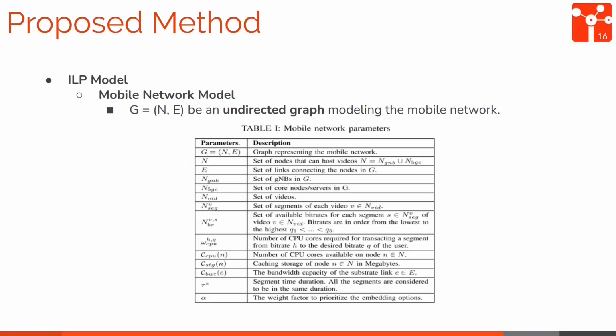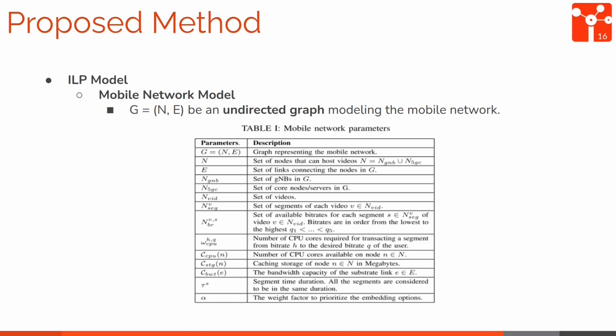After defining the problem statement, the author used an undirected graph to represent the mobile network model, where N represents the set of nodes that can host video, and E represents the set of links connecting the nodes in the graph.